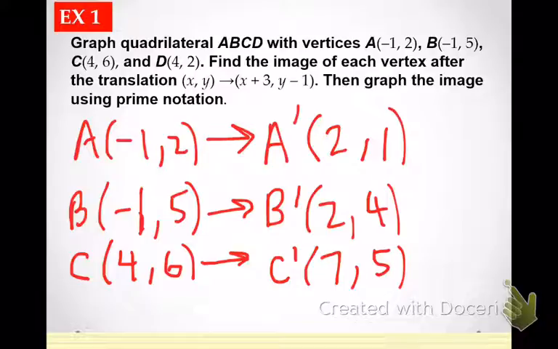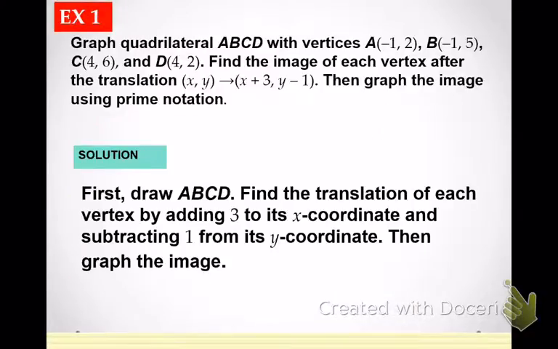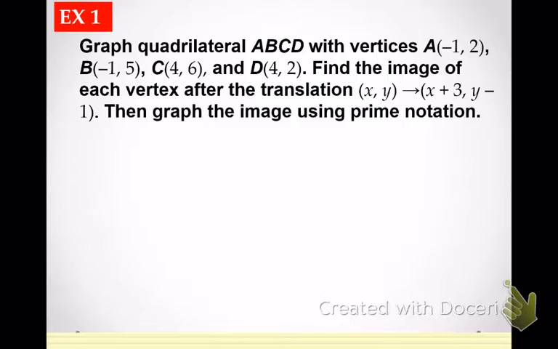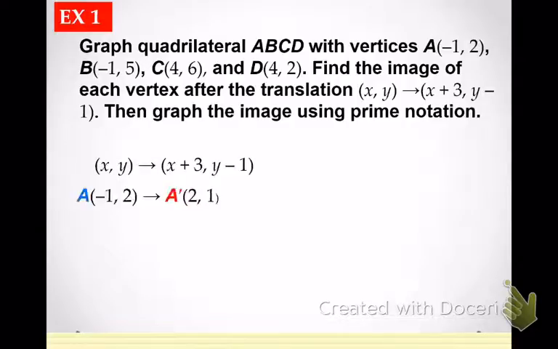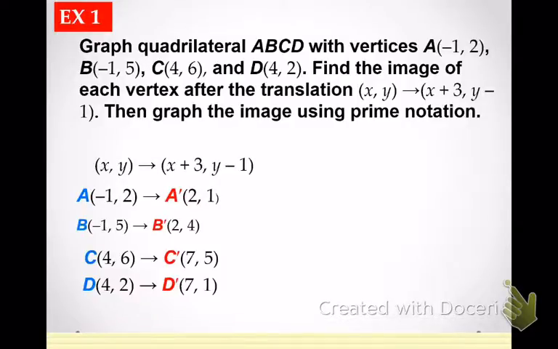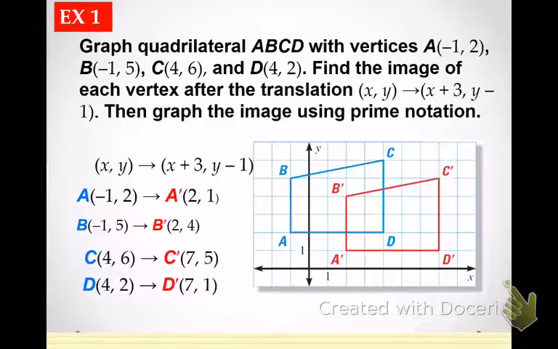So does everybody have that? All right, now here's how you graph it. What it would look like on the graph takes us through the steps I just did. And then when we graph that, oh, there was a point D. I didn't do the point D. D was (4, 2), and it took it to (7, 1). You'll want to write that down as well.